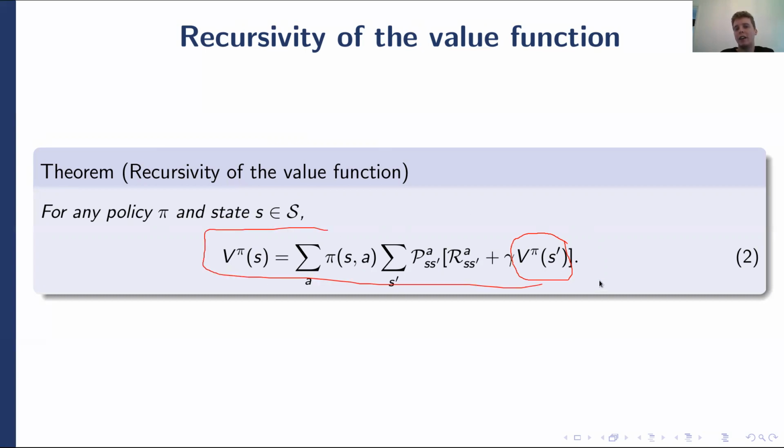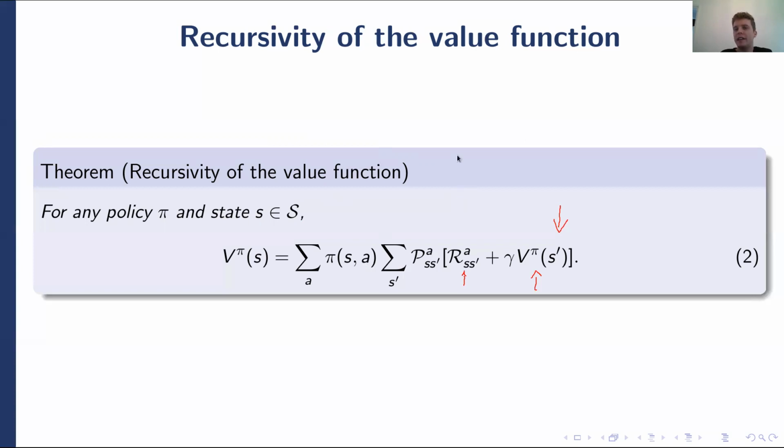So I know this is quite a mouthful. So let's think a little bit about it one more time. The value of a state under a policy pi is an expectation over the actions that you would take at this state according to the policy pi, of an expectation of where those actions would take you to, of the immediate reward that you would observe if you were taken to each of those new states, plus the discounted return that you could then expect to obtain from the states that you transition to.